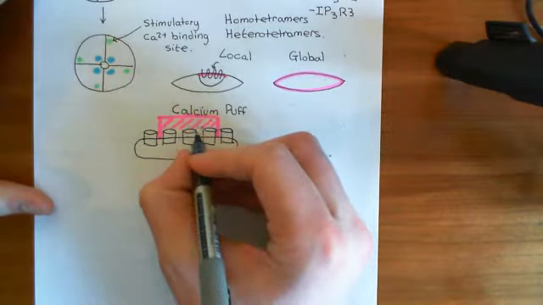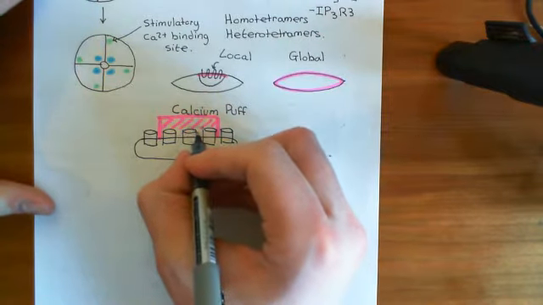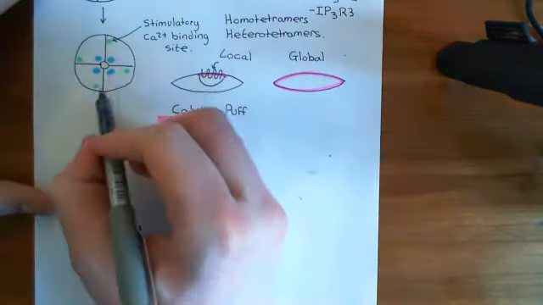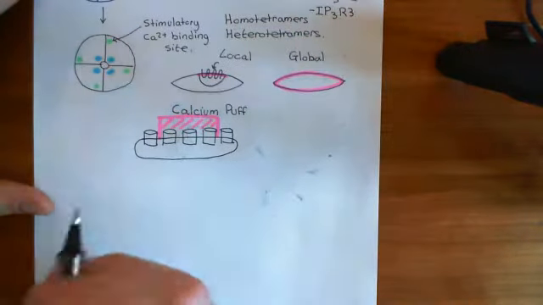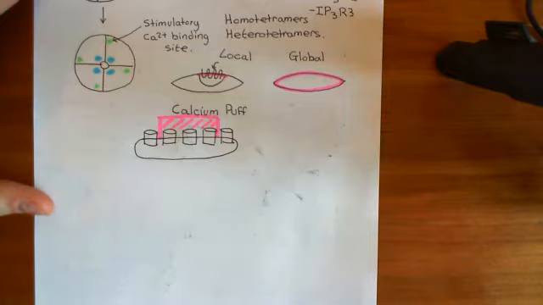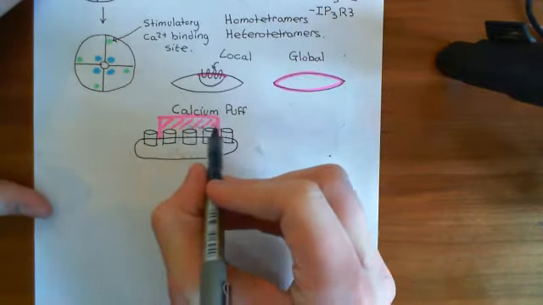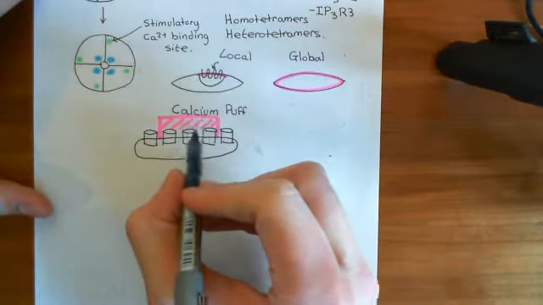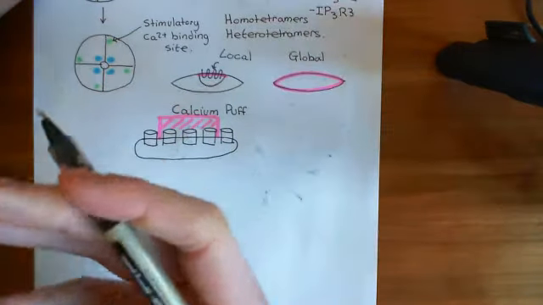So then what needs to happen is one of them needs to get calcium binding to those 4 calcium stimulatory binding sites for it to actually open. And this is a part where there is a bit of a mystery. We don't yet know how this occurs. We don't know whether just one of them happens to bind 4 calcium ions from the cytoplasm, because of course there are calcium ions in the cytoplasm.